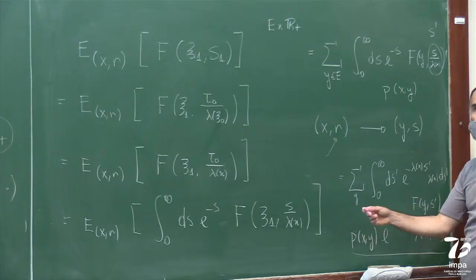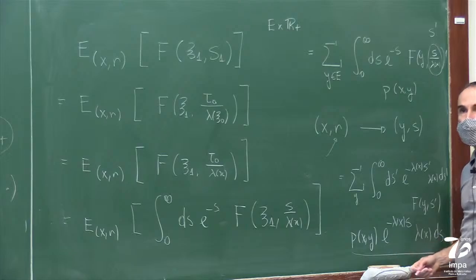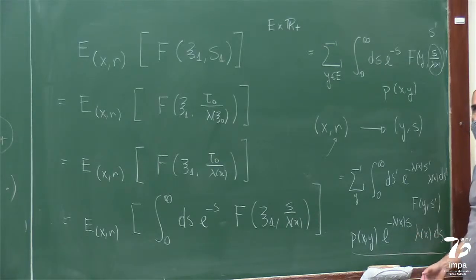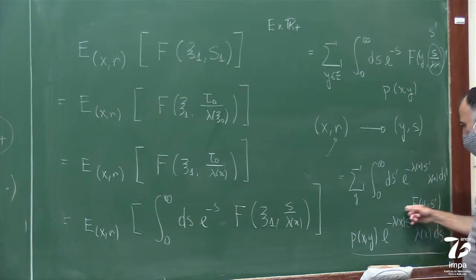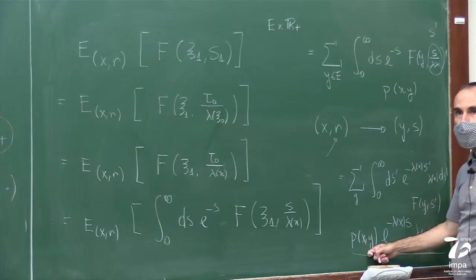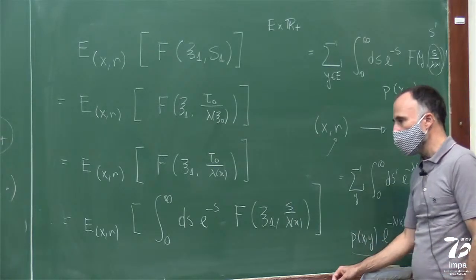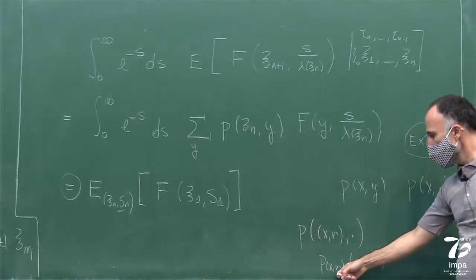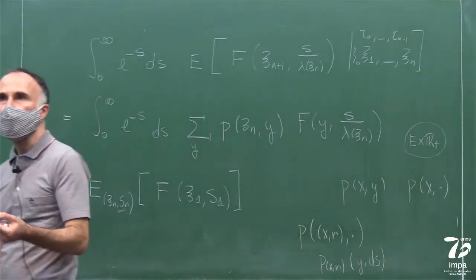Mind that if I integrate that over S and over Y, I get 1. So it's a probability measure on this space, E times R plus. Okay, if I integrate it over R, I get 1. And if I sum over Y, I get 1. And it's a very simple Markov chain, because the jump does not depend on the value of the second coordinate.